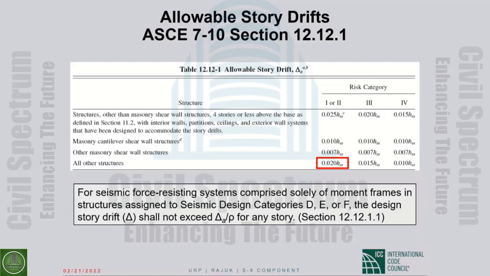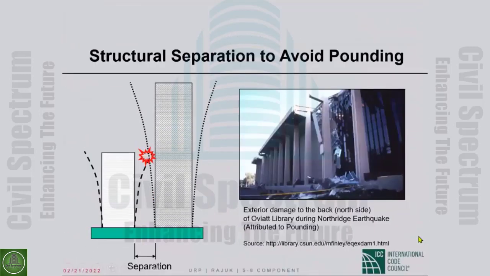In other words, you are tightening the drift limit. If rho is 1.3, your drift limit is way tighter. This is something I need to point out because many people I know just miss this provision in ASCE 7-10. It was put there for a reason, and you need to understand it and apply it.